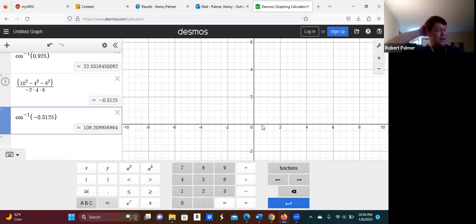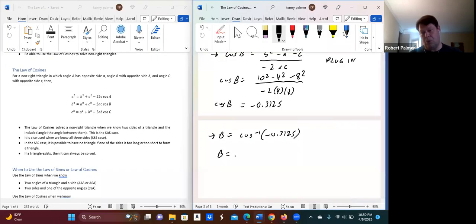Yeah, and since it's negative, that means we're going to have an angle bigger than 90 degrees. And so angle B should be 108.21, to 2 decimal places. So that's our angle B.